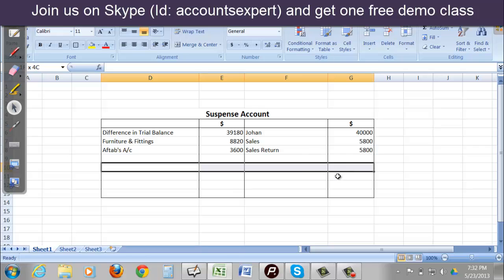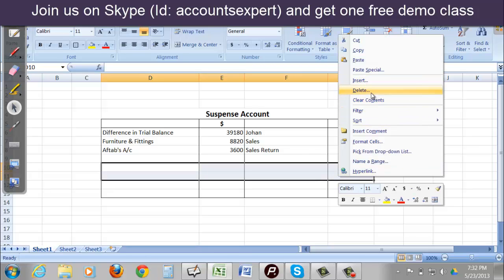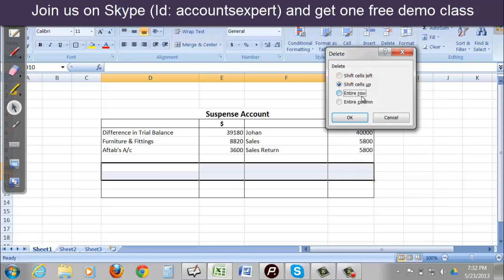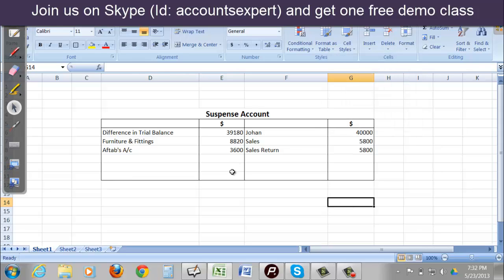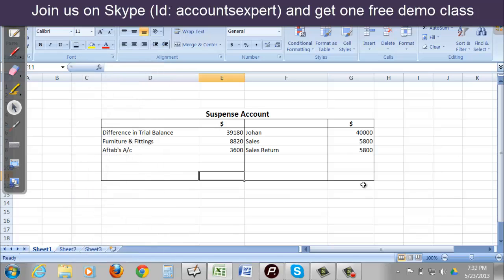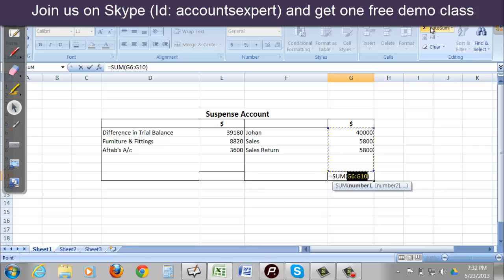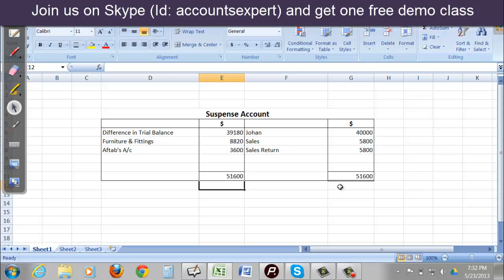Now you see, I think the totals of both sides are equal. There is no difference. So let's make the total of both sides. What is the total of the credit side? 51,600. And what is the total of the debit side? 51,600. Got it?